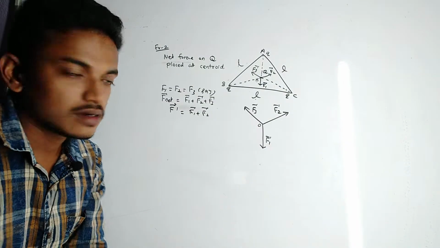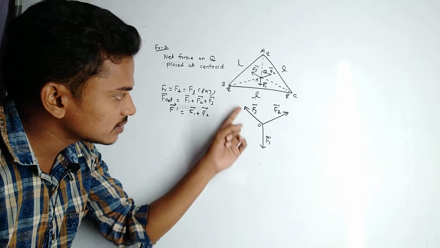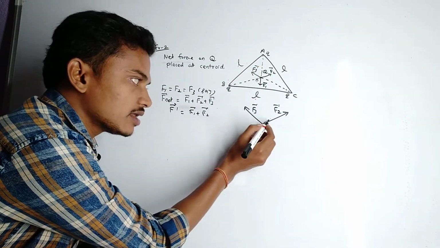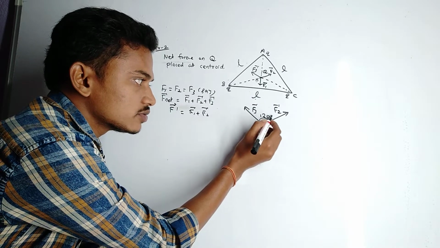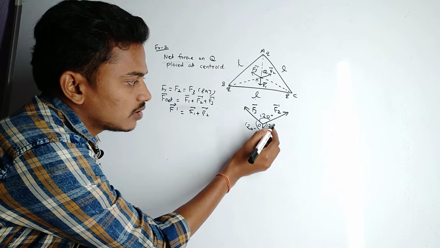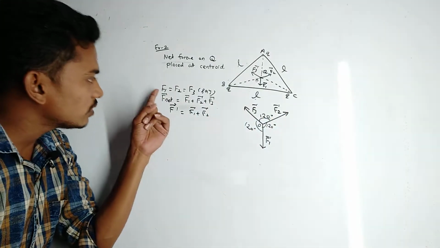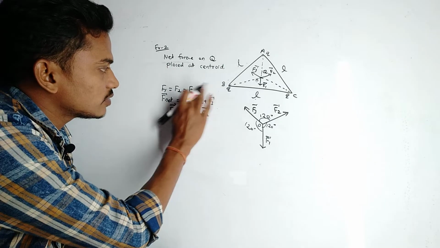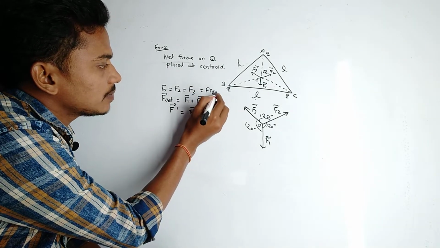Now these three forces are acting like this. We can easily find that the angle between F1, F2 and F3 is 120 degree. This is 120 degree, this is 120 degree, and this will also be 120 degree. So we found that F1 equals F2 equals F3, and this is equal to capital F say.